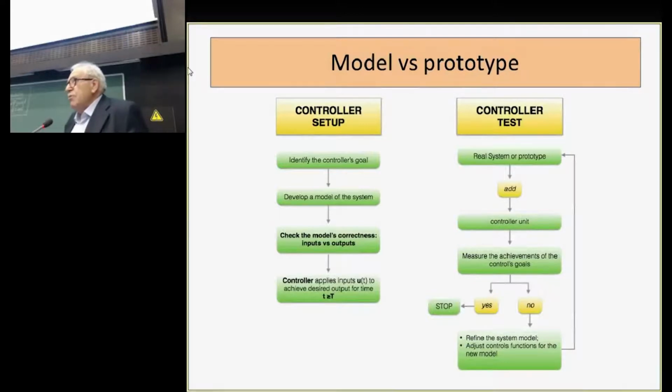So they go back and ask, what is wrong? Is the input wrong or is the model wrong? Maybe the model is not correct. So adjust the model, adjust the input, and then perform the experiment again. They do it on prototypes, but at the end, they do it on the real system.